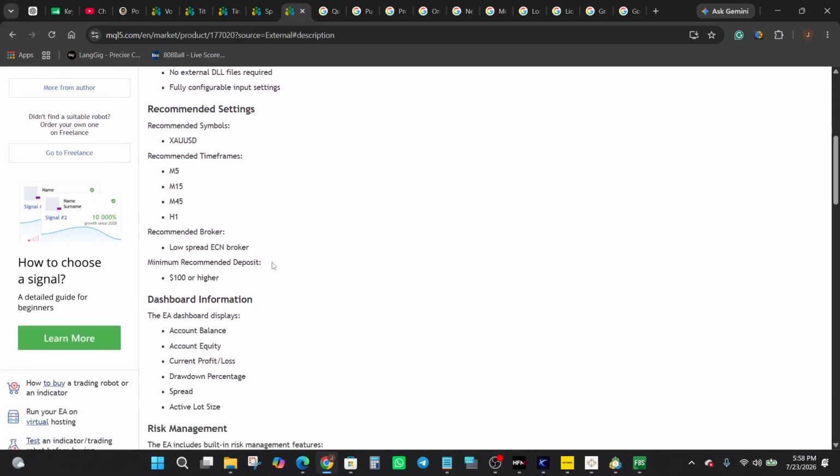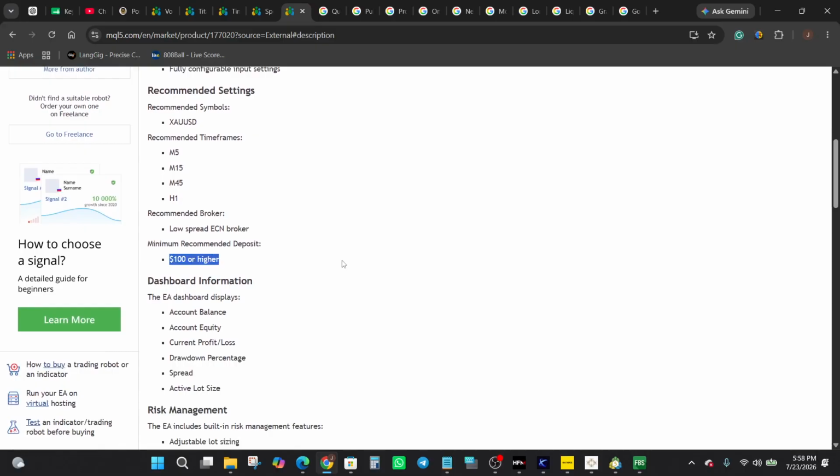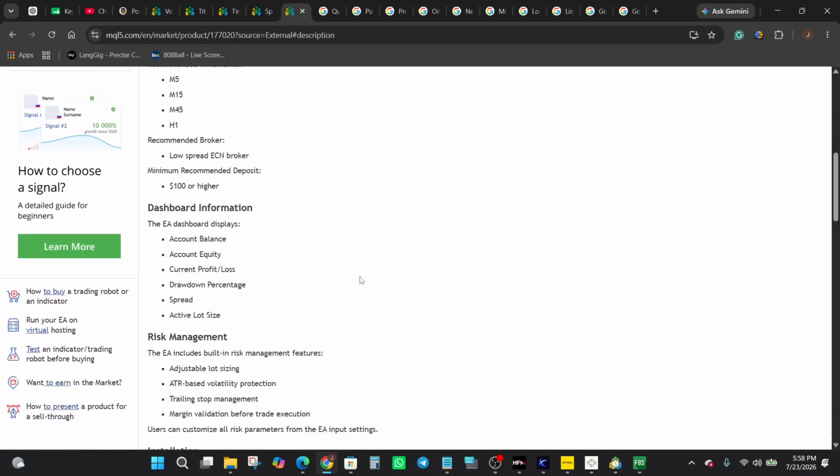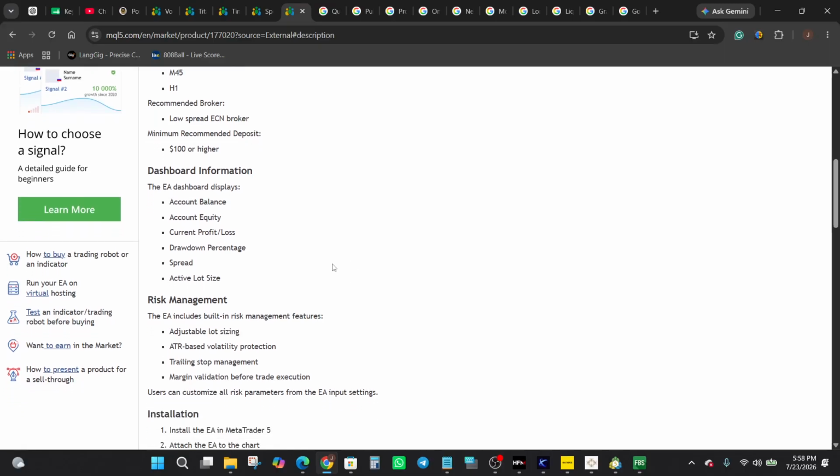The recommended minimum deposit is $100, although actual capital requirements will depend on the selected risk settings and broker conditions. The developer also recommends using a low spread ECN broker and suggests VPS hosting, to help ensure uninterrupted operation, particularly since automated systems perform best when they can remain connected to the trading server continuously. Now, let us just quickly move over to the historical backtest.